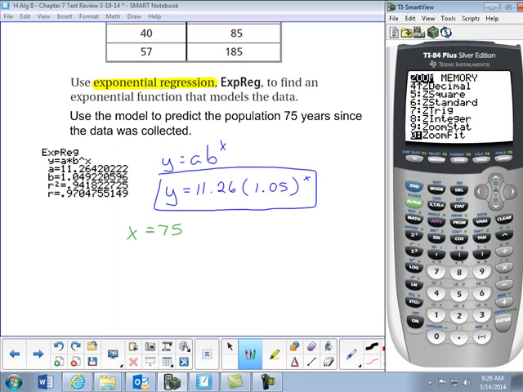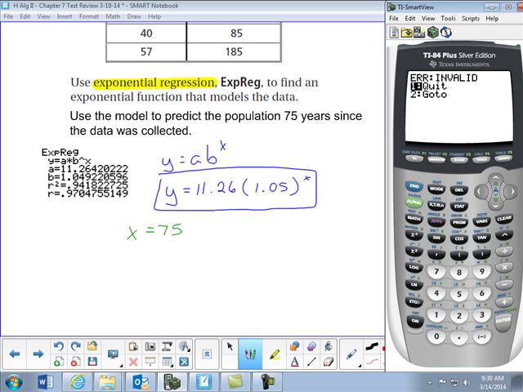I'm going to go zoom, and I'm going to go to 9 for stat. It wants to know in 75 years, so I could go second, calc, value, and it's saying, what do you want me to let x be? Well, I want you to let x be 75.